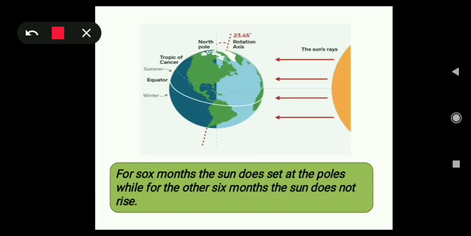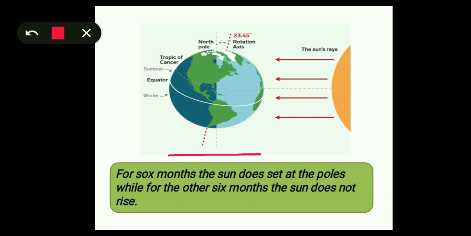Okay. Now tell me, do you know for 6 months the sun is present in one pole, and for the other 6 months the sun does not rise at all? Why? Okay, you know Earth has 2 poles. One is North Pole and another one is South Pole. So look at this picture.